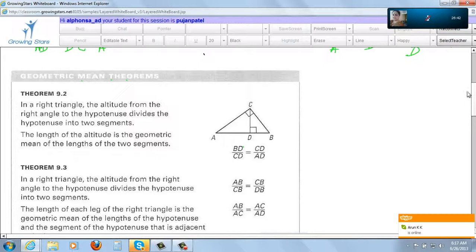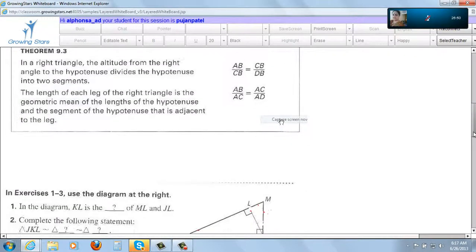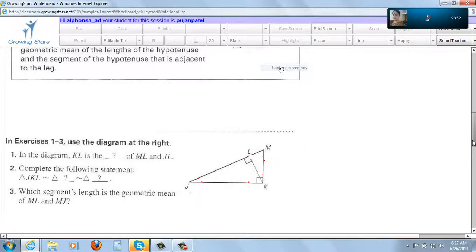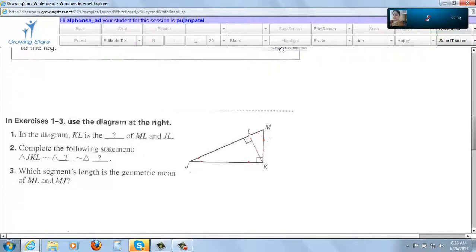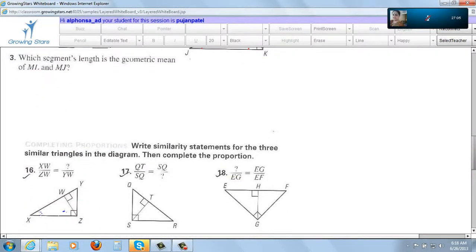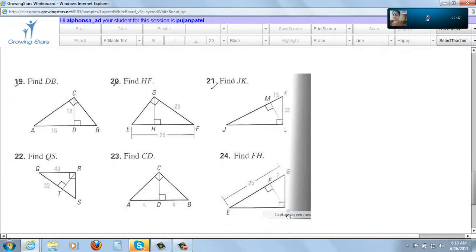AC. So for every two similar triangles, I get three sets of ratios, isn't it? Now what has happened is you'll find that if I choose this ratio and this ratio, I get a square when I cross product, isn't it?